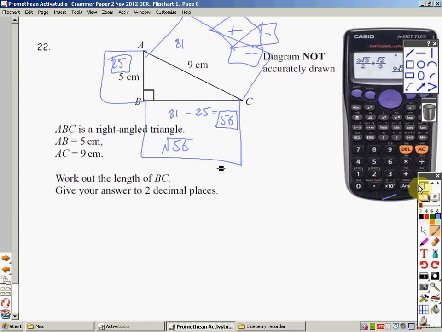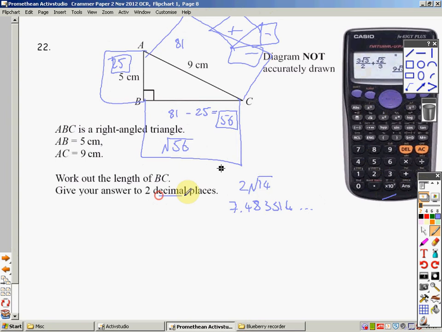Square root 56 equals, and this gives me 2 root 14, which may look complicated, but whenever you get something you don't like, you press the SD button. That's nicer. 7.483314 and a bit more.